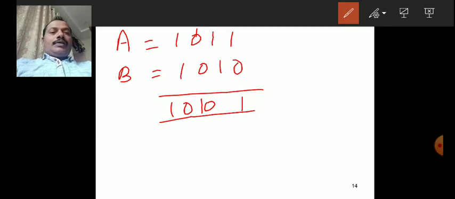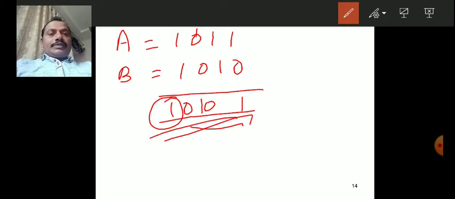So this is the carry we got, and this is the total addition result. In decimal, this is 11, and this is 10.